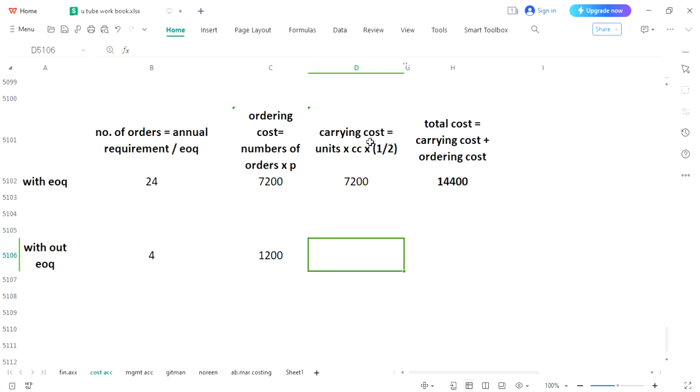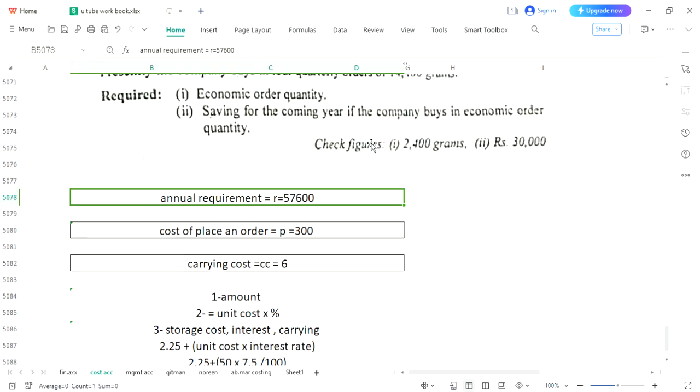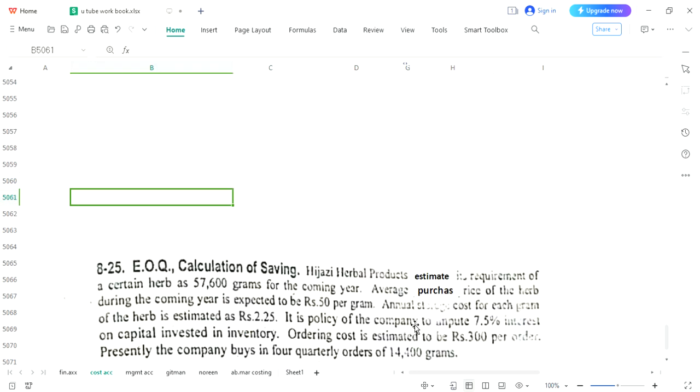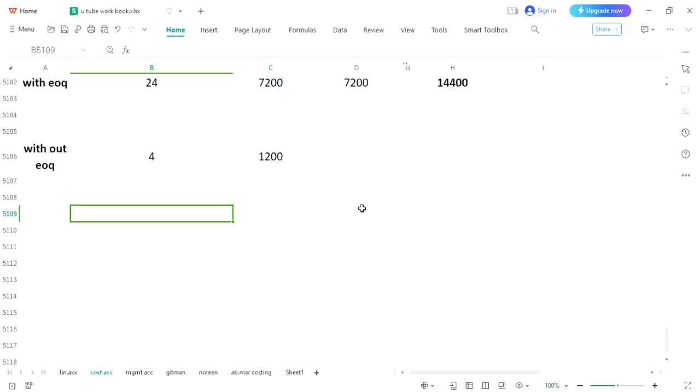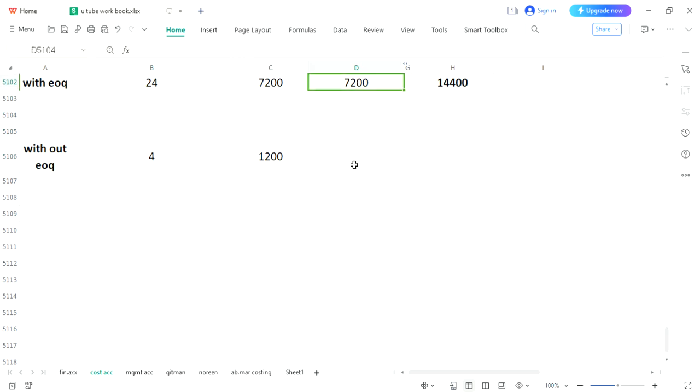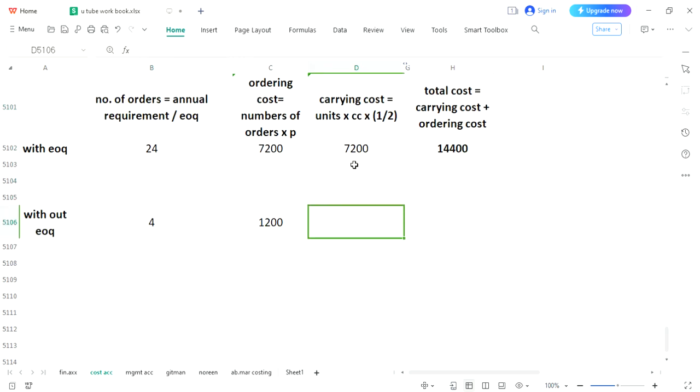Let's get back to the question. Here it has been mentioned that the company buys in 4 quarterly orders. That means 4 orders, and each order contains 14,400 units. So what does that mean? That the number of units carried is 14,400.